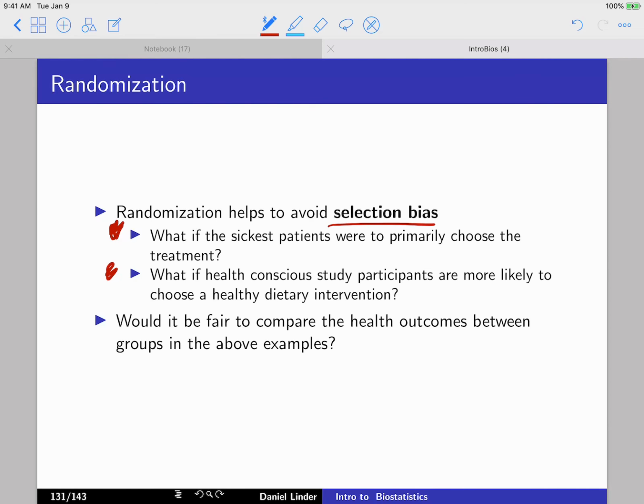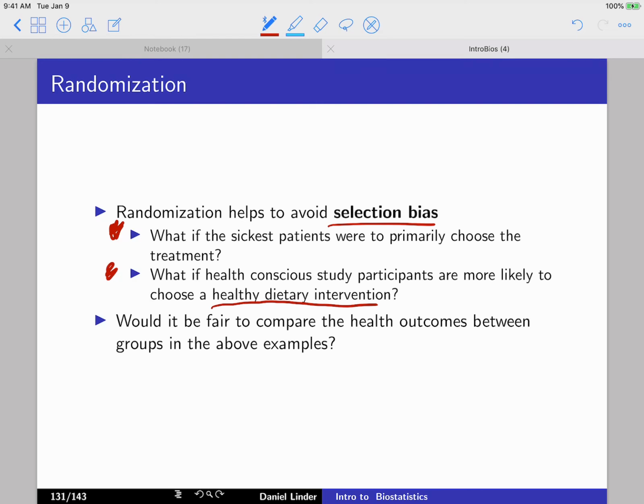For the second bullet, it wouldn't be fair to make the comparison, because it's likely that individuals in the healthy dietary intervention group are in fact health conscious and more likely to have better health outcomes than in, say, a group of people who didn't want to choose the healthy dietary intervention.